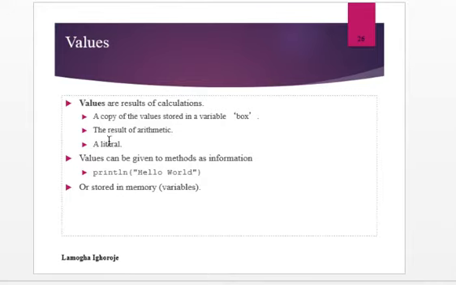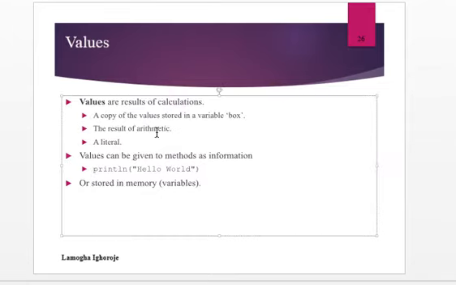I've said values are the result of calculations, a copy of a value stored in a variable box, or the result of an arithmetic operation. This is just telling us that your values can be results of doing something. It could be that you copied a value that was in a box, or that you just gave a new value to the box.